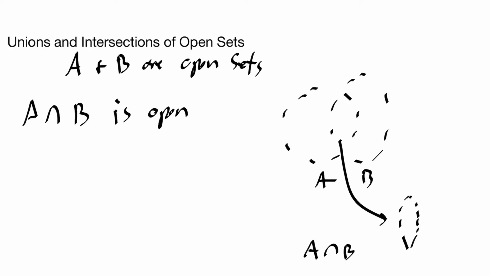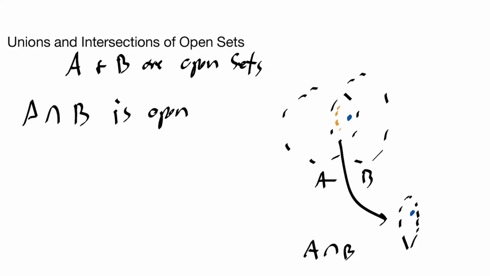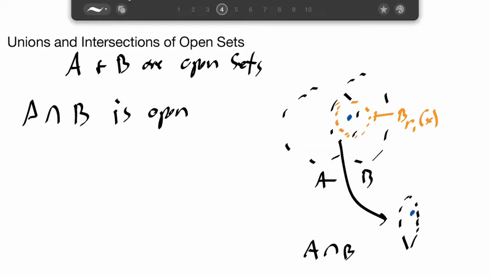And what I can do is if I have some x here inside the intersection, then there were two open balls, so there might be an open ball. Let's use different colors. So there might be an open ball that fits it within B, right? So that's the ball of radius 1 about x.